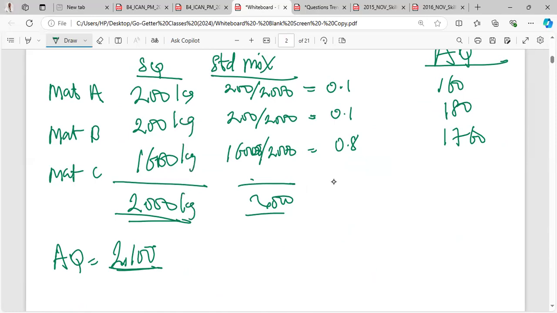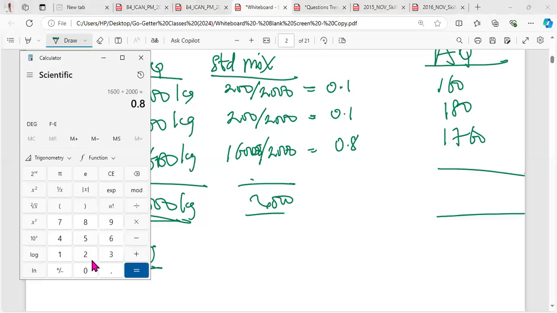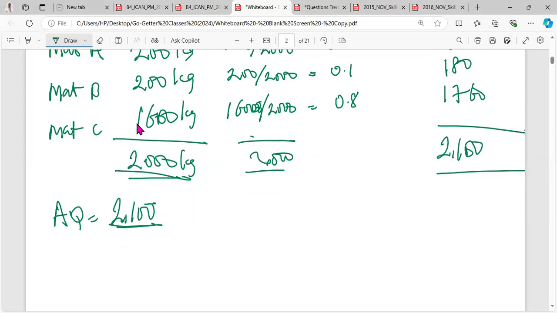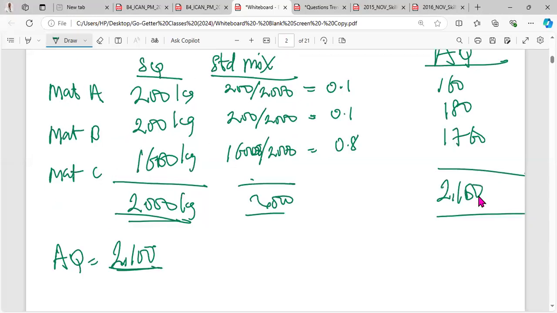Now, if you look at this, we have 160 plus 180 plus 1760. We have 2100. So we can't be comparing 2000 with 2100. So we have to flex this standard to reflect the actual.